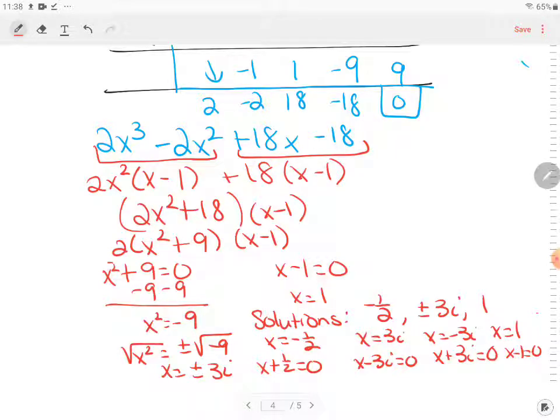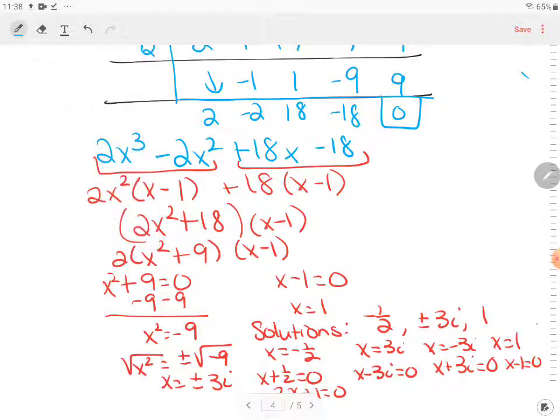All right, so you don't want a fraction in factored form. I'm going to multiply by 2, so I get 2x plus 1 equals 0. So again, let me show you what I did. I multiplied each side here by 2 to clear our fraction.